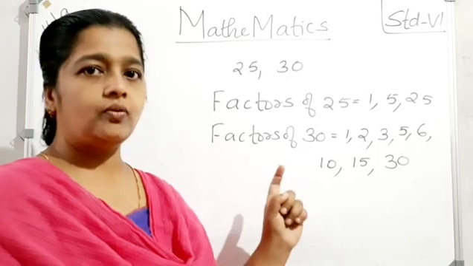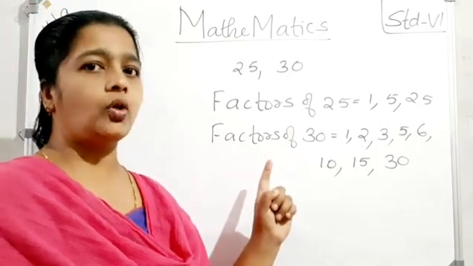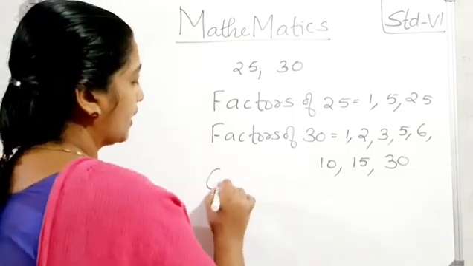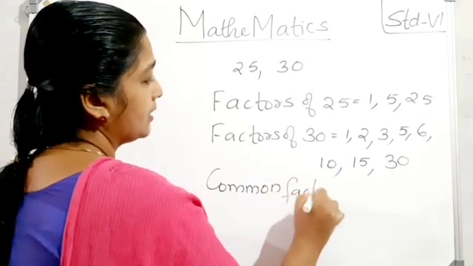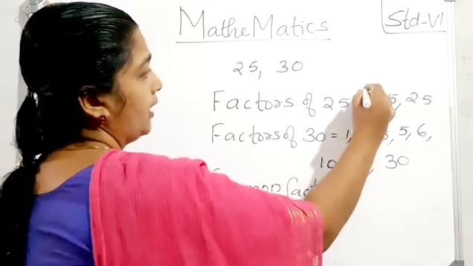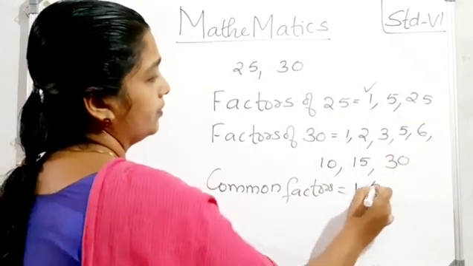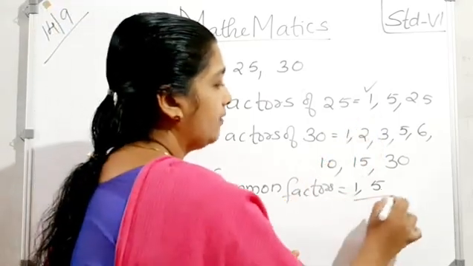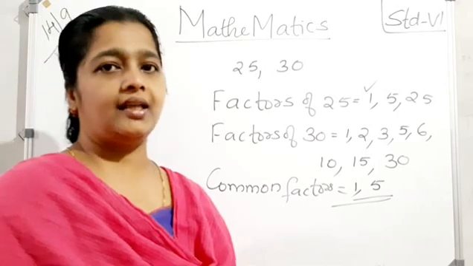From these you can select how many numbers are common in 25 and 30. Clear? So common factors equal, say the answer, 1. Next 5. Then is any number there? No. So 1 and 5 are the common factors of 25 and 30.